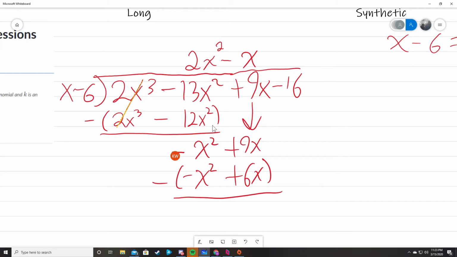Now I go through, I do my math. Now both of these will cancel out just like how I did the last time. Now we got 9 minus 6. That's going to give me a 3x. Now we bring this down. Now, just as a hint, we see that in our directions, there's 2 answers that we can get.